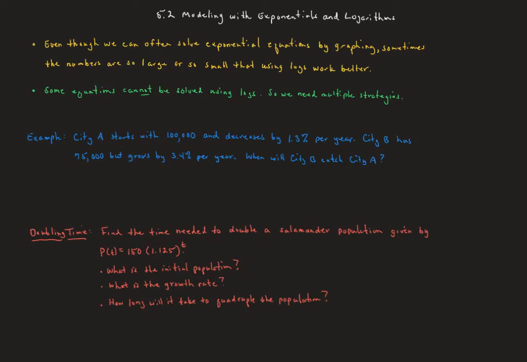For city A, its population is going to be equal to the 100,000 that it starts with.